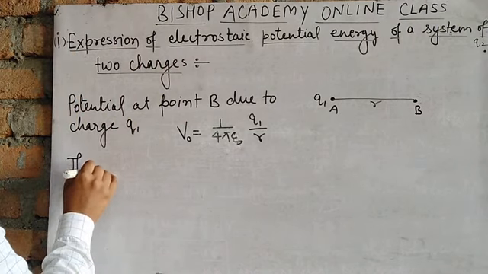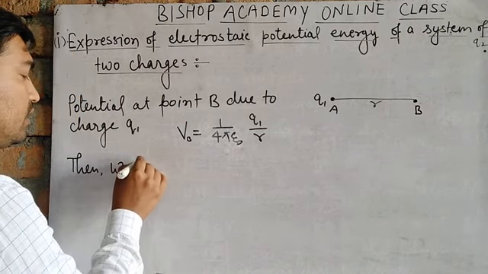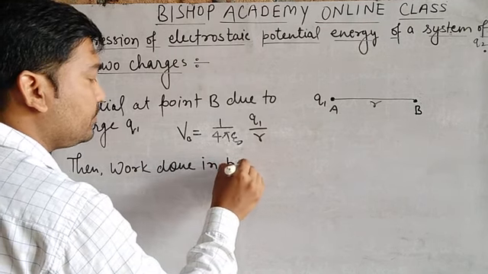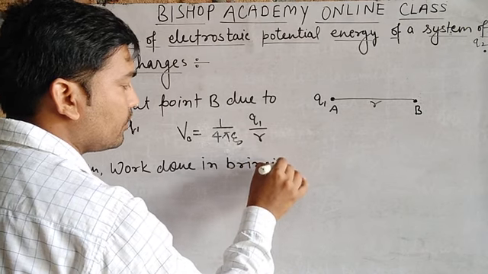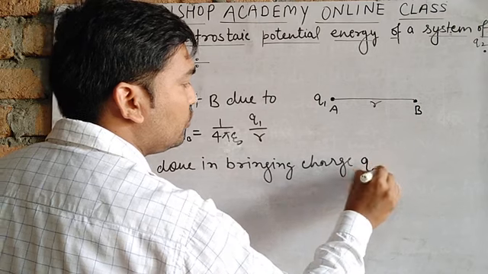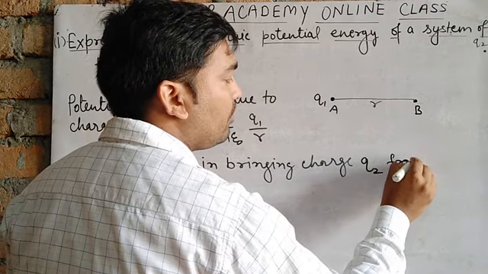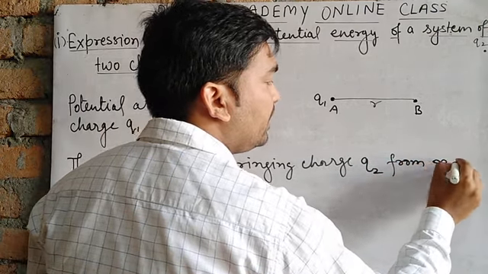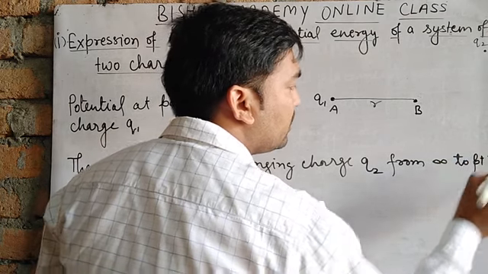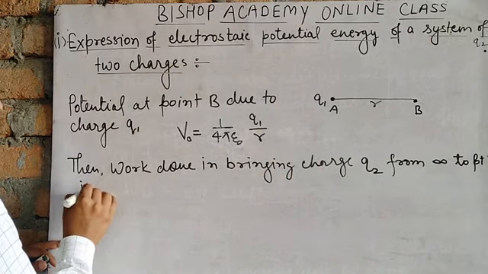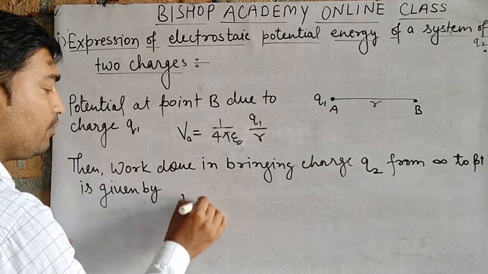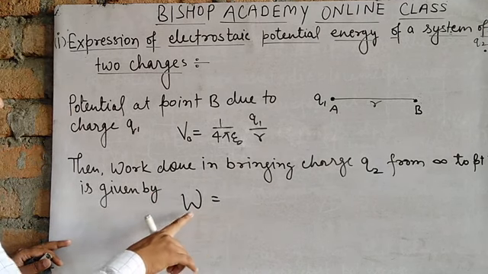Then work done in bringing charge Q2 from infinity to point B is given by W equals to, what is the work done?